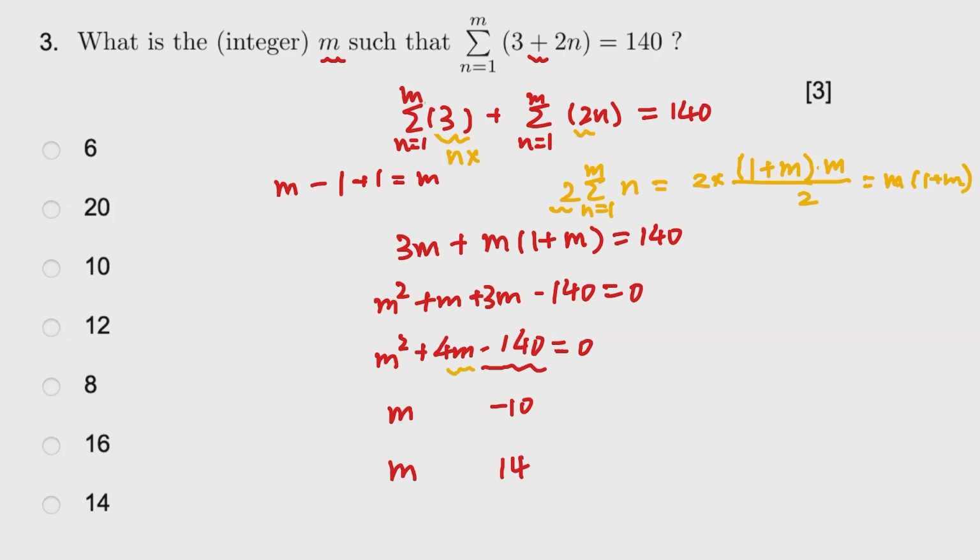Now, we can write the quadratic equation in another form, which is m minus 10 times m plus 14 equals 0. This will give m equals 10 or m equals minus 14 as the answer. And we know that m must be a positive integer, so we reject m equals minus 14. And m equals 10 is the answer.